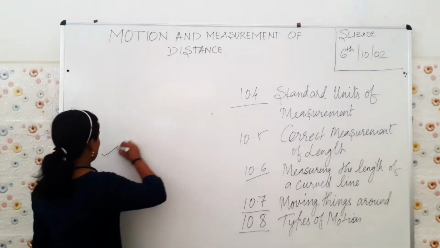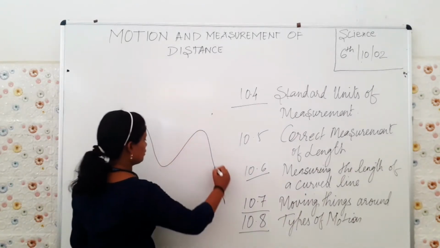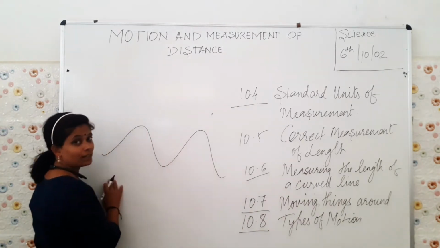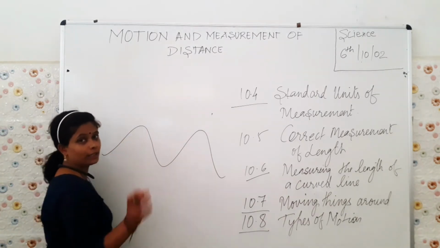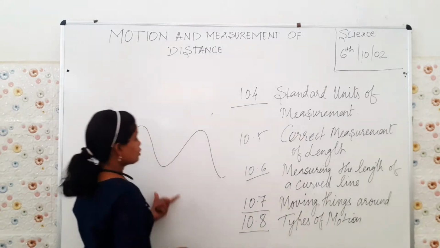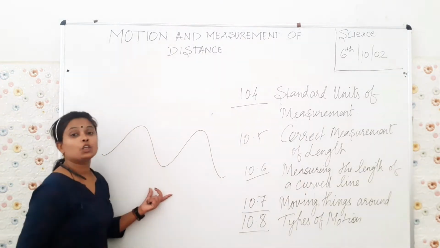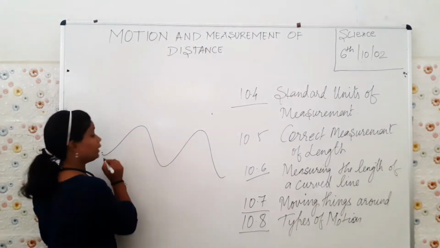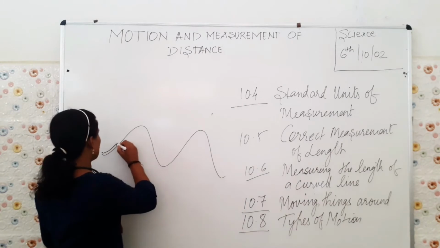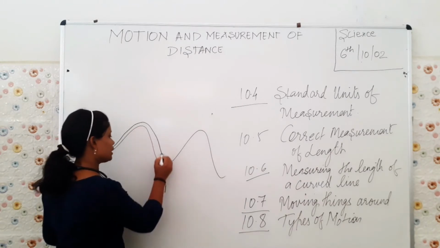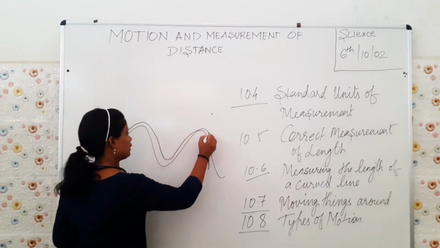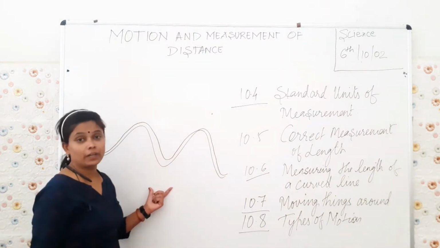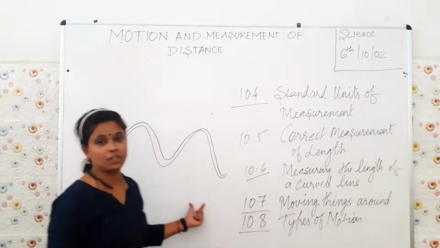Suppose there is a wave-like structure, a wave-like decorative piece in your room. How are you going to measure it? You have to take a thread. With the help of thread, from one end to the other, you are going to measure. Take a complete thread and you can take its measurement.